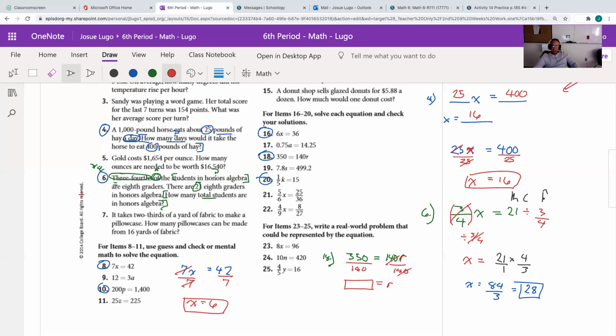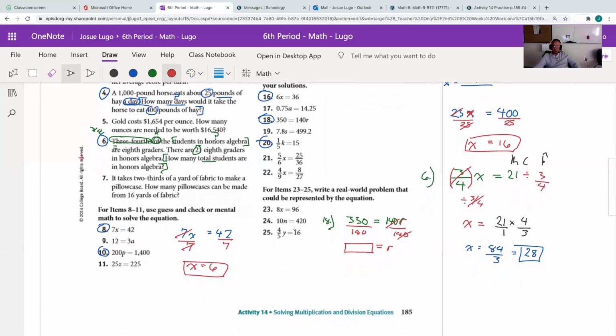All right. Lastly, let's go through number 20 before we move on to the division problems. Look at number 20. We have 1/5 k is equal to 15. Now, ladies and gentlemen, again, just ask yourself the same questions. What is my goal?